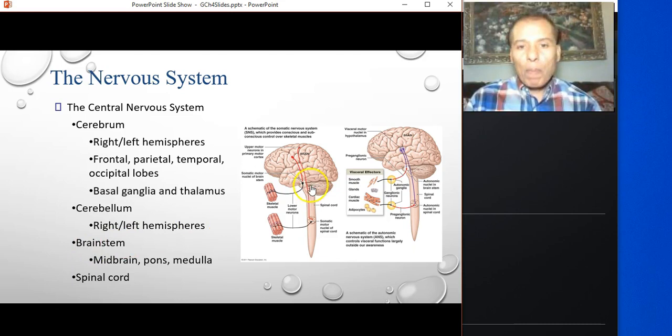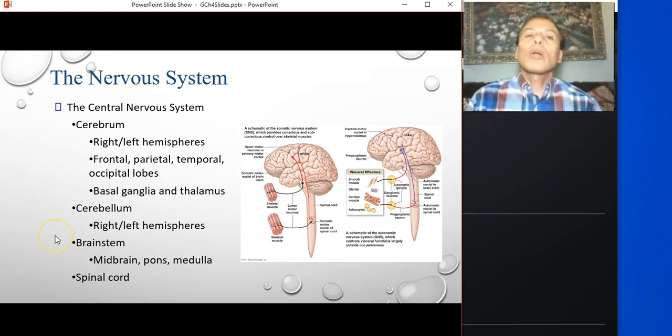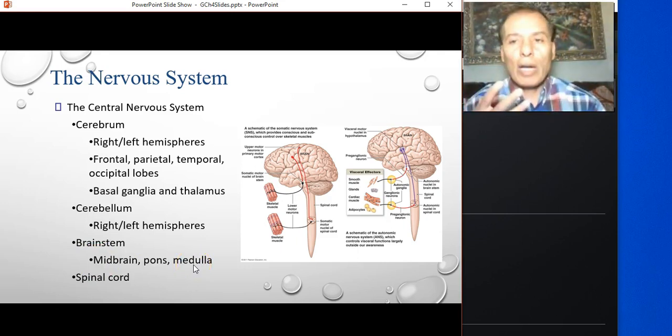The brainstem, this area here, the medulla oblongata, the pons, and the midbrain hidden inside here. It is responsible for primitive functions. And these functions basically enable you to survive. You can breathe, your heart can beat, you can digest, you can do basic reflexes and so on.